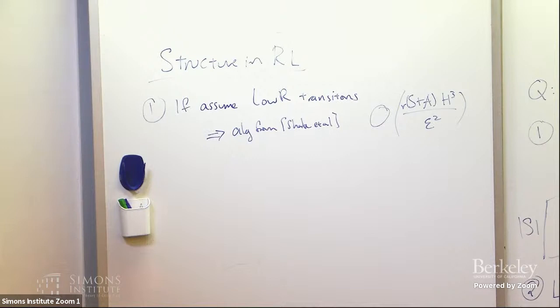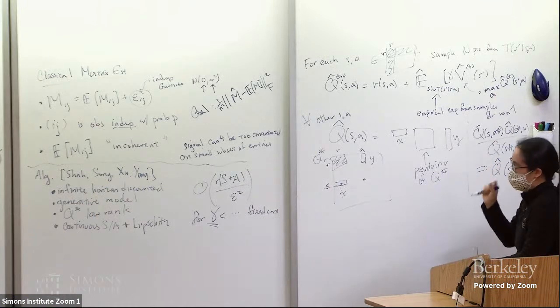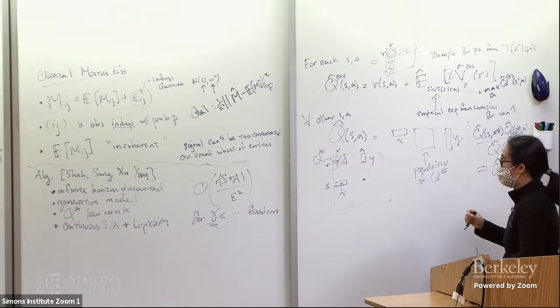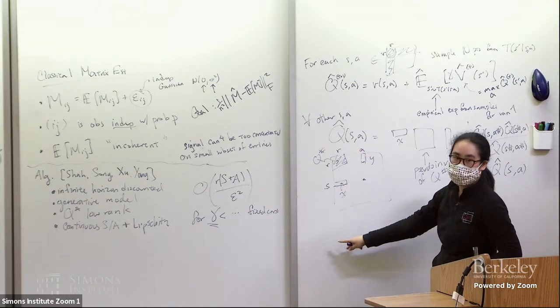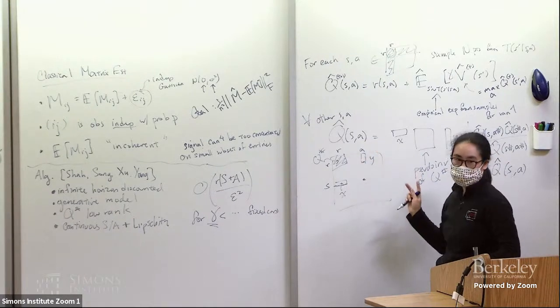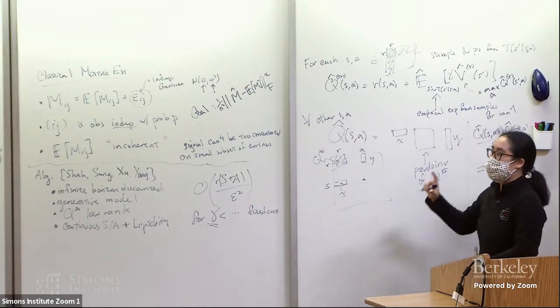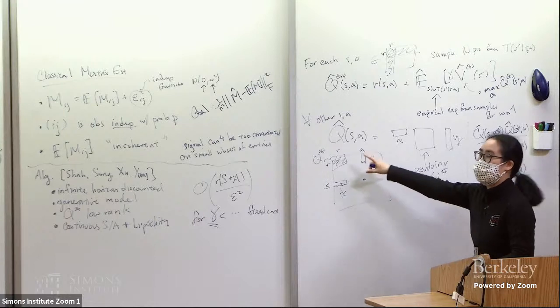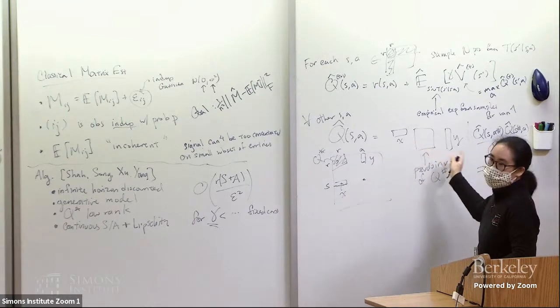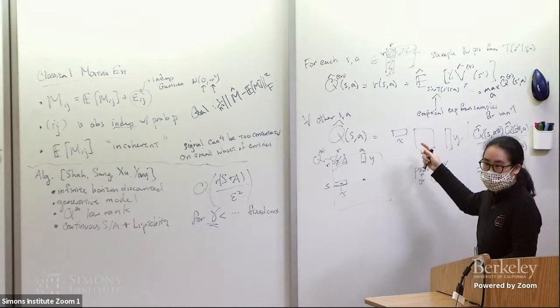The reason you need it is to argue about this quantity. One way to explain what happens if it's not true, if these columns don't span the column space and these rows don't span the row space, is that the component of the column or row space that's orthogonal to what it spans, you're not able to estimate the effect of that component.